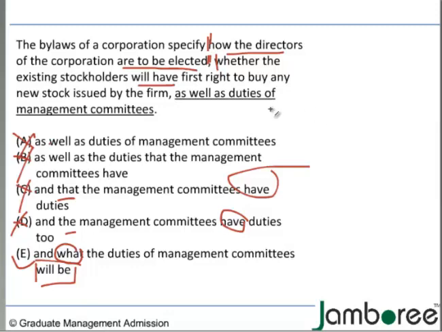Now in this case you are joining 3 parts of sentences by "and," so they have to be parallel in tense also. Past tense, future tense, present tense, or past coming into present, double past, whatever it is, they have to be similar in tense also.